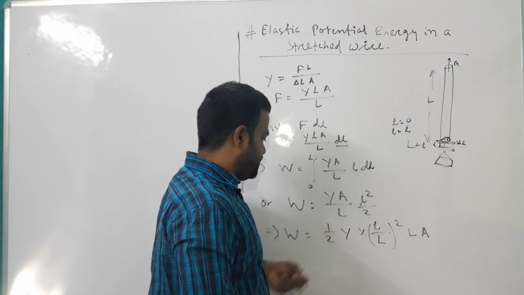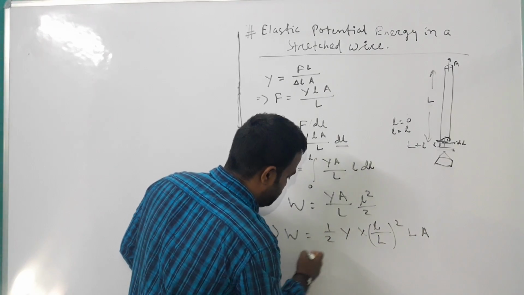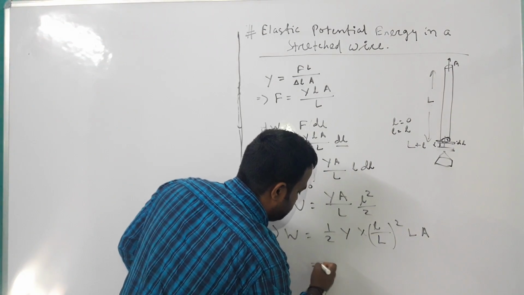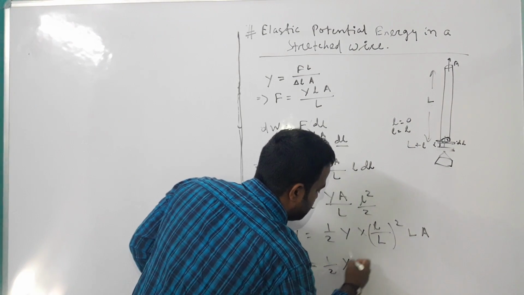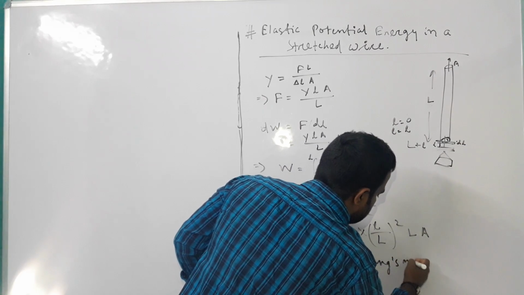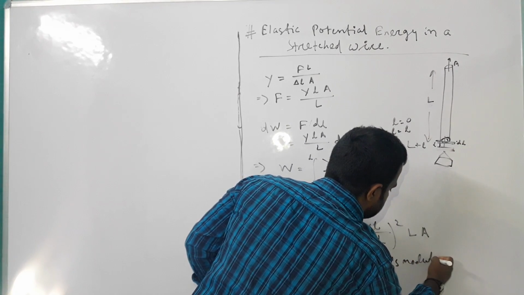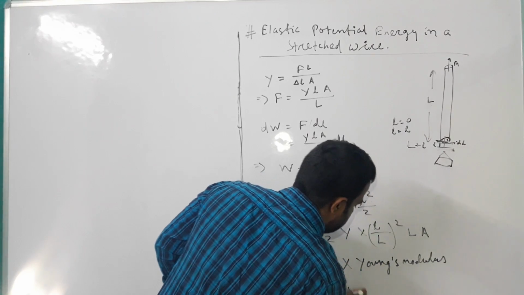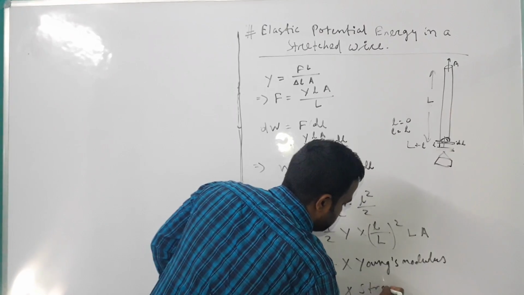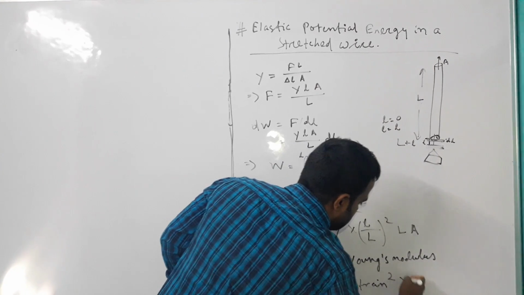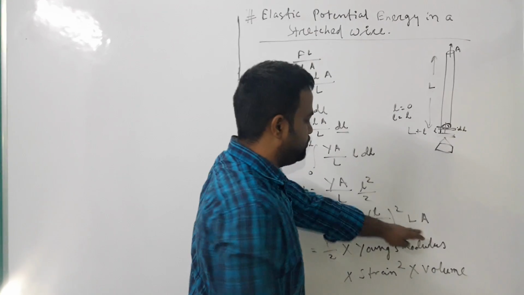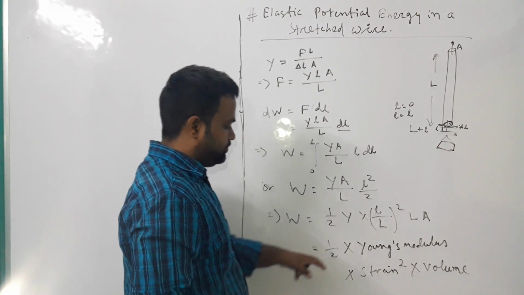So the work done is half into Young's modulus into strain square into volume. L into A is the volume of the material.